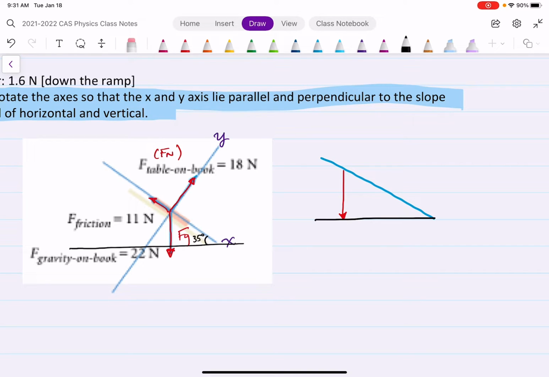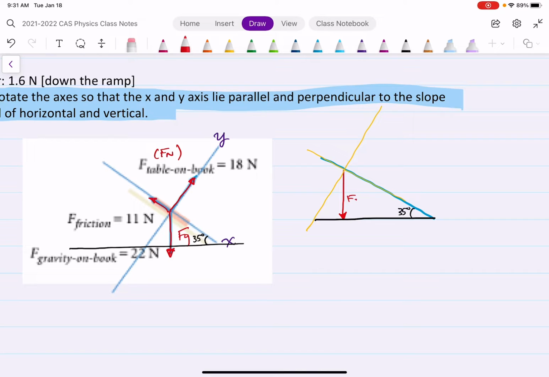And what we've said is this angle is 35 degrees. What I'm going to do is draw my axes, and my axes are parallel and perpendicular. So my y-axis is going to be right here, and my x-axis is going to be exactly along the slope. So now that I have that, I can put in my x and y components of the force of gravity.